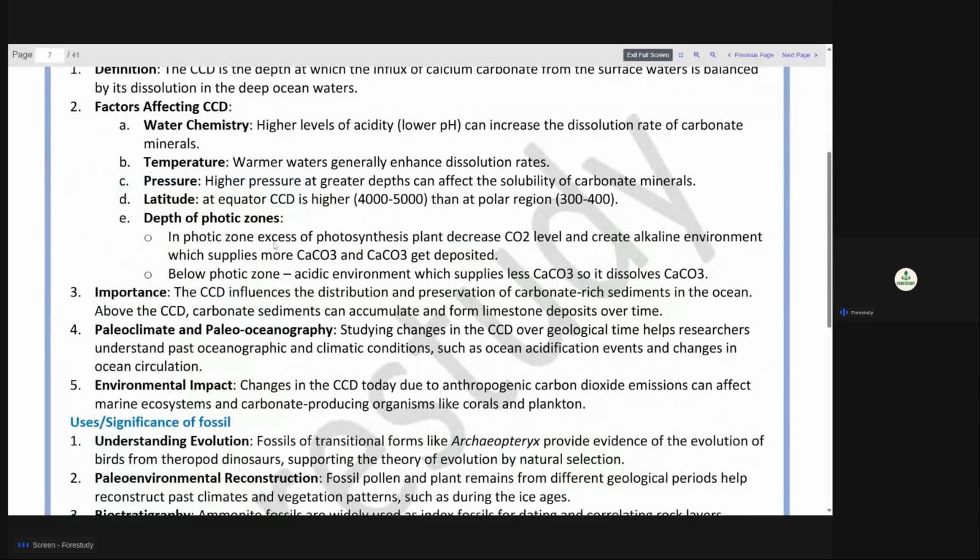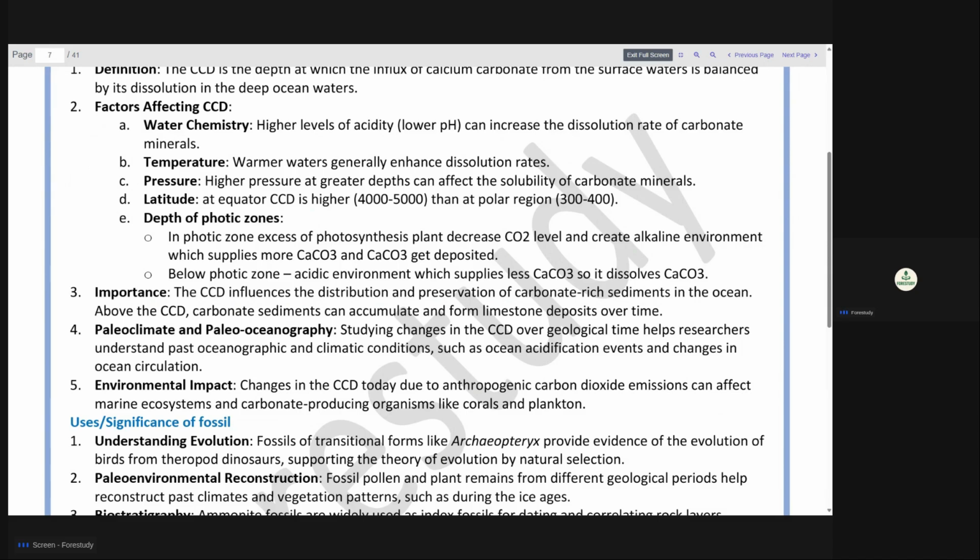So in the photic zone we have sunlight, so there will be a lot of floating plant bodies. Photosynthetic plants decrease the CO2 level, as they take CO2 for making their food and create an alkaline environment which supplies more CO3, and CaCO3 gets deposited. So the more photosynthetic plants in a water body, the more calcium carbonate deposition will take place.